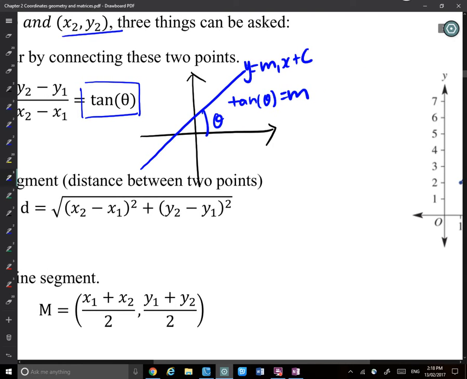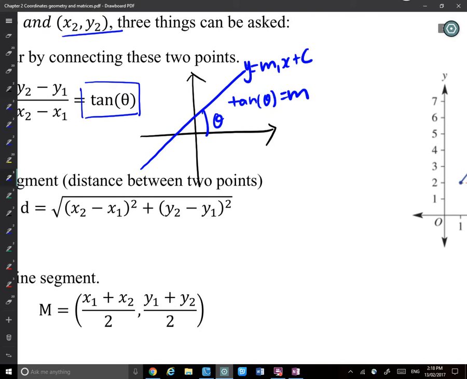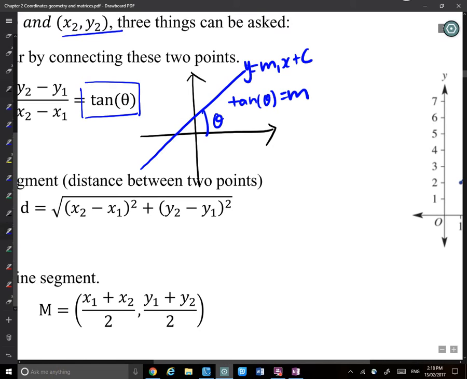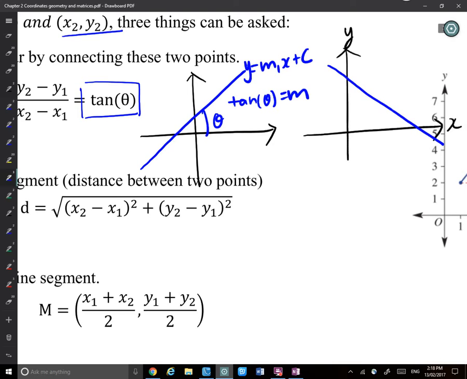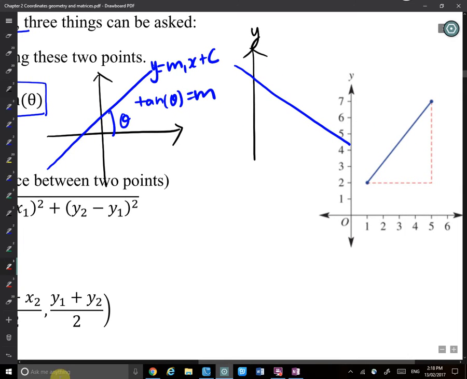The theta is the angle formed by the positive side of the line and the positive side of the x-axis. So if it's a decreasing line that looks like this, the up part of the line and the positive side of the x-axis will form an angle, which will be this one.